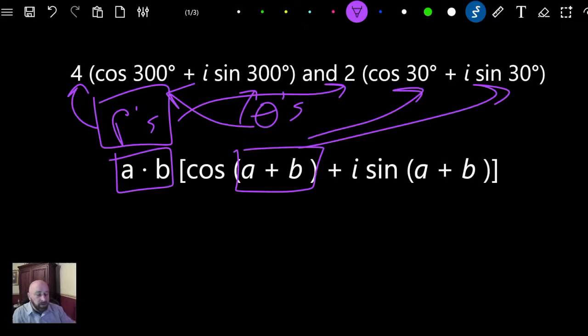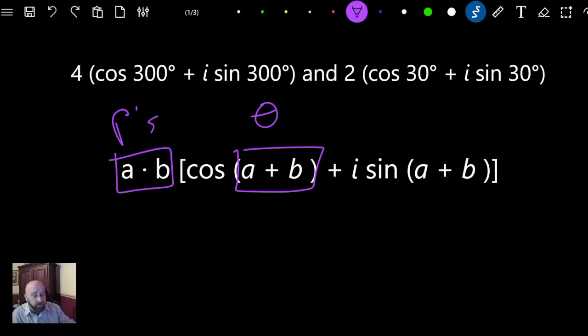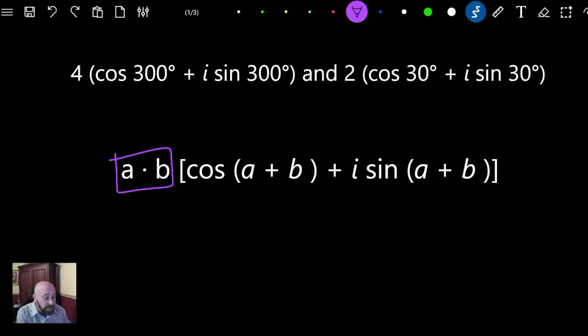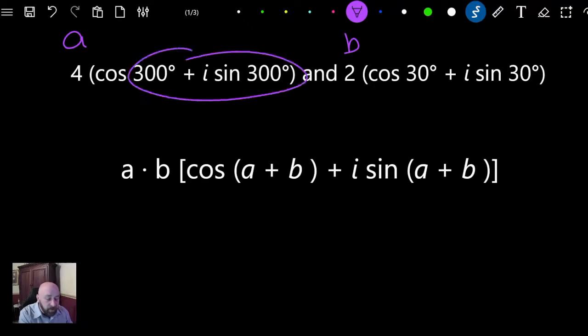So be careful that you can differentiate between those A's and B's. The first A and B are the numbers that are out here. Let's label this: this is going to be A and this is going to be B. Now, these two are going to be your alphas.